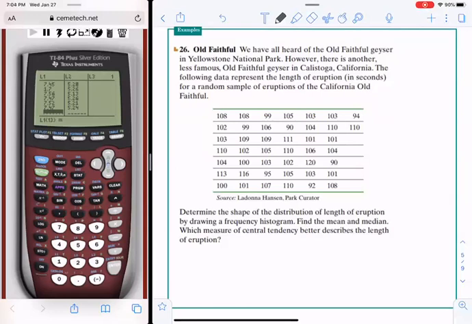Shape is something we talked about last time. By drawing a frequency histogram, we need a frequency distribution, and we have to find the mean and the median, and which measure of center or central tendency better describes the length of eruption.